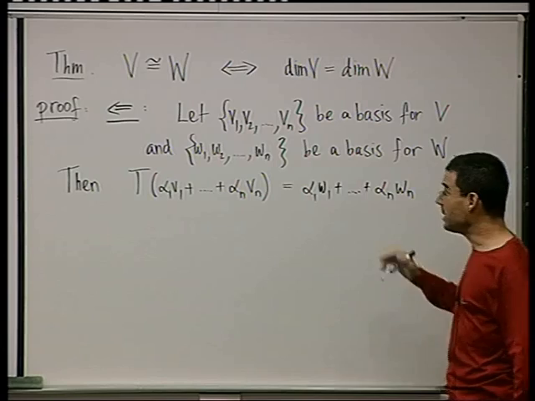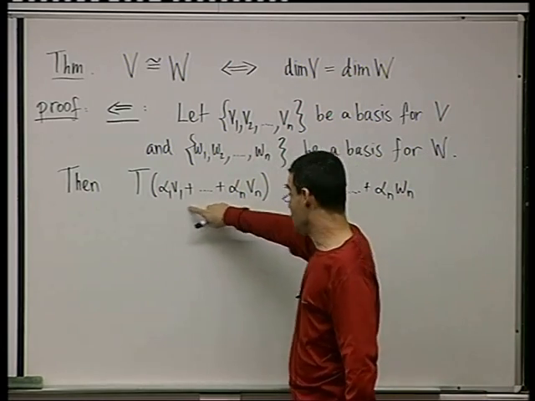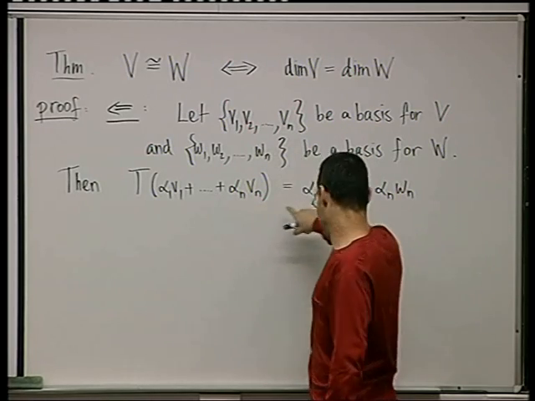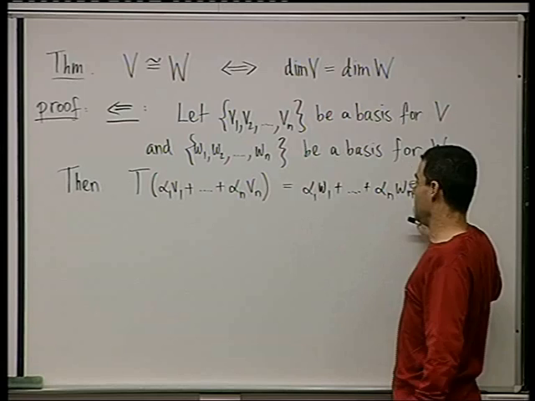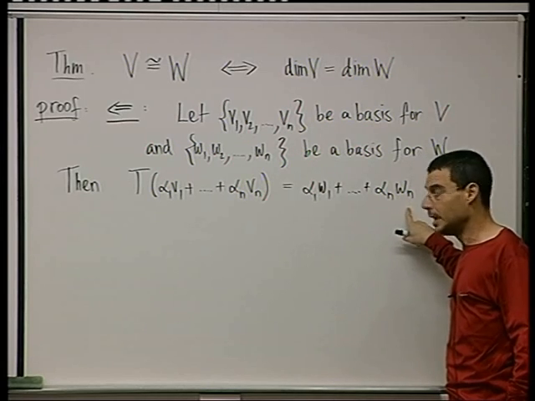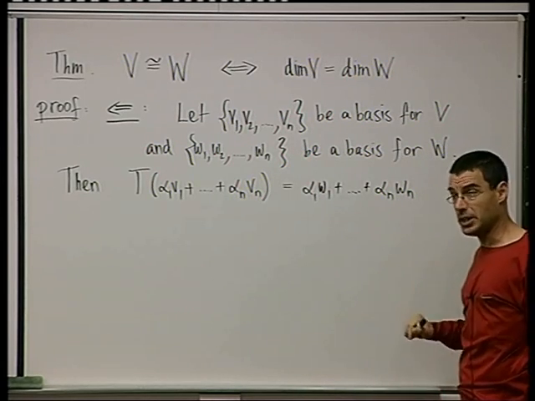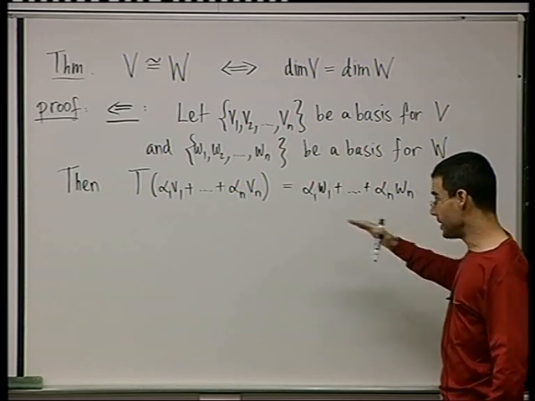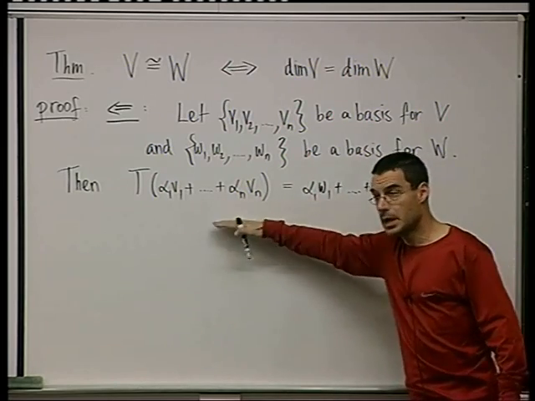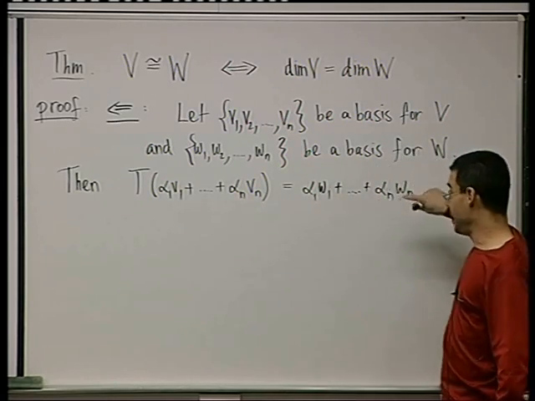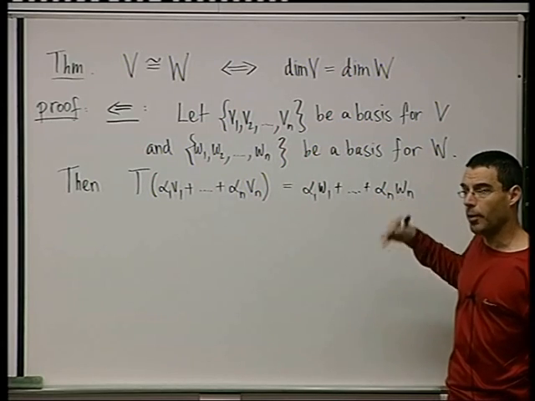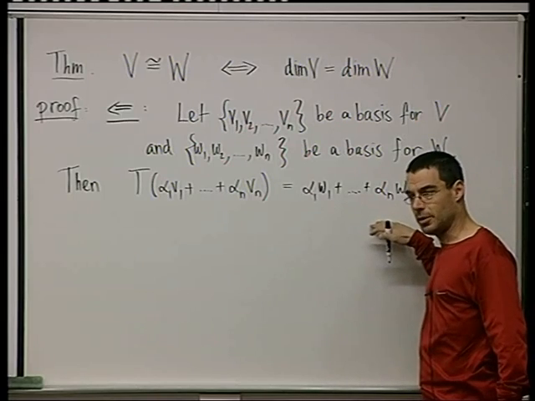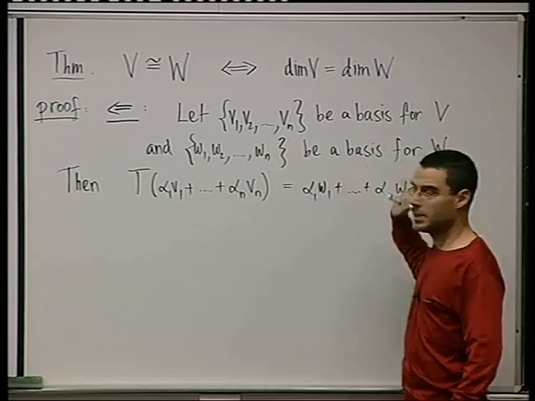Okay? The map T from V to W that takes a general element in V, which is a linear combination of the Vi's, and sends it to the exact same linear combination of the Wi's, is an isomorphism. How do I know that it's an isomorphism? This is a theorem that we proved. We proved that the map given by this is always linear, and we had it in several parts. The first part said, if you take any set of W's, not necessarily a basis, this map is going to be linear.